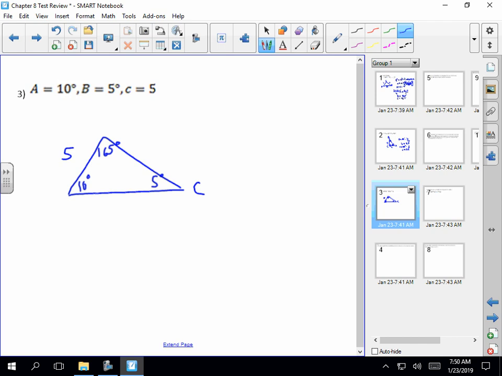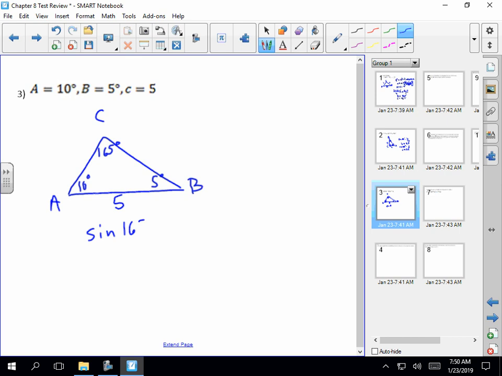Let's see here, side C is equal to 5. That's actually the longest one, so let's change this up here. Side C should be opposite angle C. And then the 5-degree angle is B, and the 10-degree angle is A. So law of sines would work fine for this one.